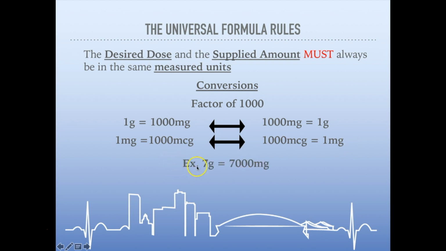One more example, we have 7 grams. We'll convert that to milligrams. We'll just add 3 zeros behind that 7, and we'll get 7,000 milligrams. And likewise, we have 700 milligrams, and we'll convert that to micrograms. We'll add 3 zeros behind it, and now we have 700,000 micrograms equals 700 milligrams.